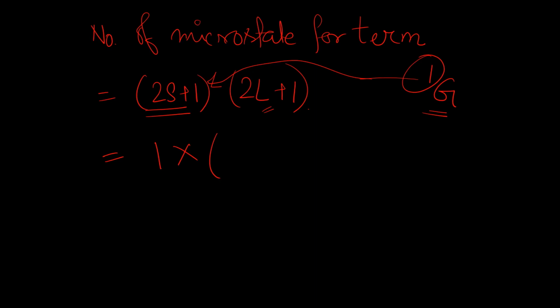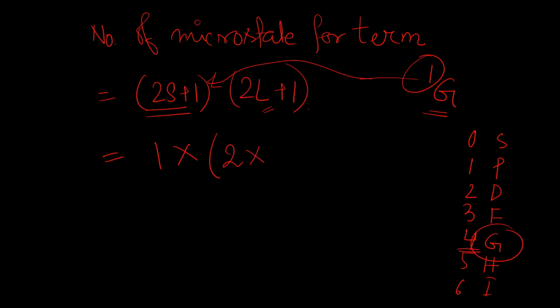if it is represented by G? Just write once again, 0 1 2 3 4 5 6. The values are S, P, D, F, G, H, I. Now we already got G, so the value is 4.